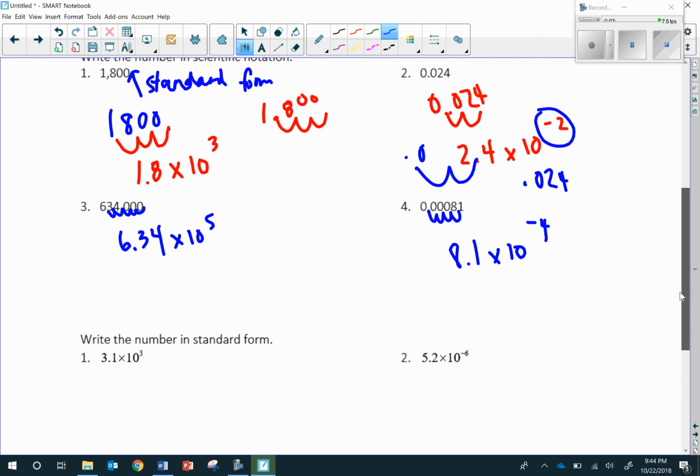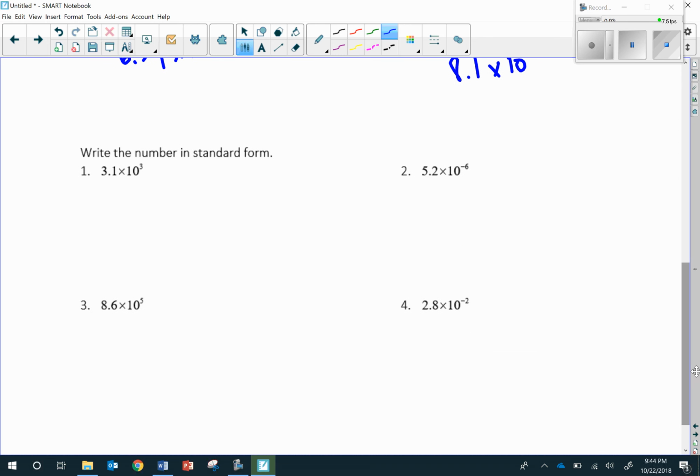All right, so now we're going to look at going the other way, which is what I showed you in the first 2 examples, starting with a number written in scientific notation and going back to that standard form, numbers that we see and use all the time. So if we have 3.1 times 10 cubed, we're going to start with 3.1 and we're going to move our decimal 3 places to the right.